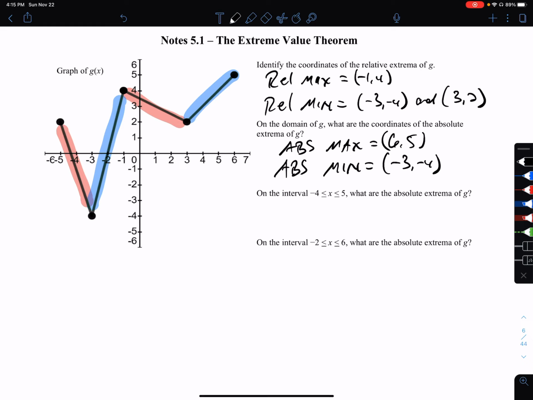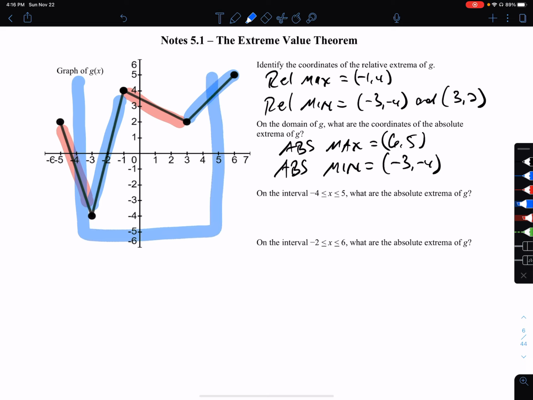All right, now let's change the domain a little bit. Let's restrict the domain to go from -4 to 5. So that would be from here to here. It's the highest and lowest point on the graph. Well, it looks like the lowest point is still -3, -4. It's the absolute min.